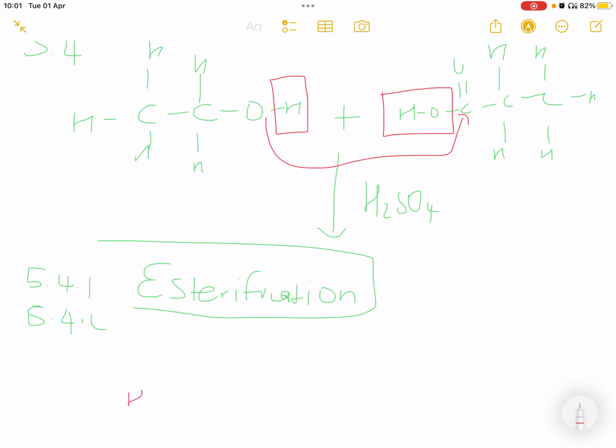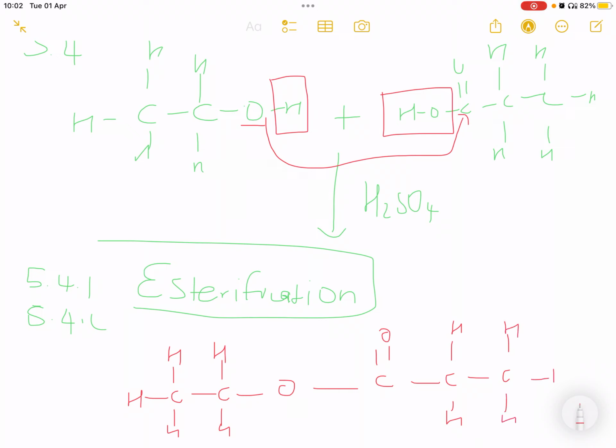Starting from left, we'll have the H, C, C, and C, C, then the O, which is this O. The O will now attach to this C double bond O, and then it's a CH, and CH3.